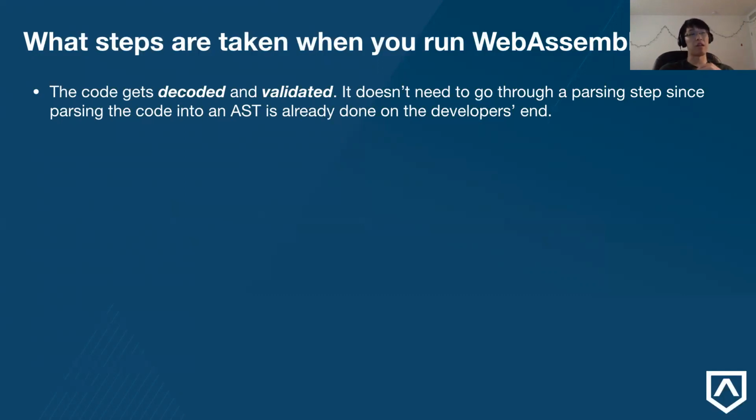That basically already happened on the developer's end because, just like how we have to compile C code, it's kind of the same thing, right? In C, one of the steps when you compile C code is that's when the parsing happens, in the compile step. So a lot of that work gets front loaded, and so the browser doesn't have to handle it.